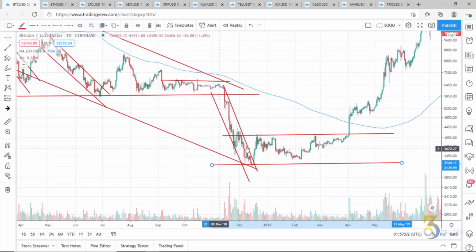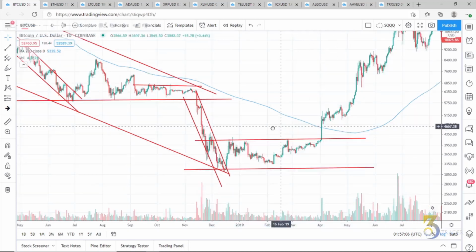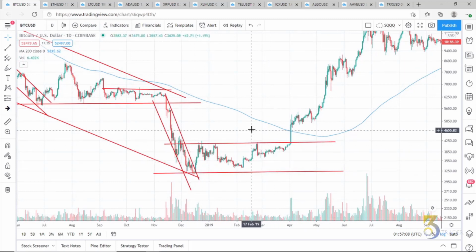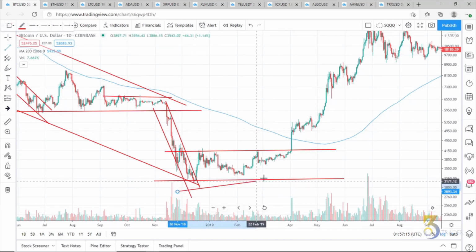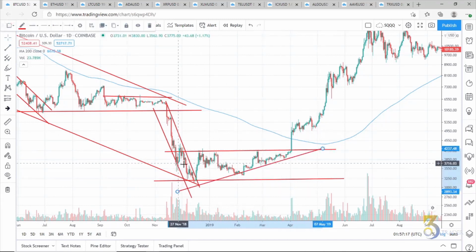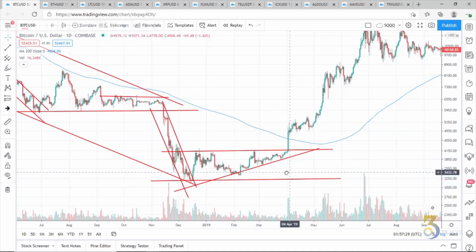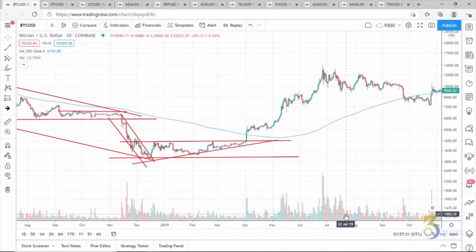Even though this is consolidating, this is sideways trending, what was the clue here that this was in fact the bottom of the bear market? Well, very simply, the fact that we began to see, even though this is going sideways, higher and higher lows. We're still in this sideways area, but we started having these higher and higher lows, which for me indicated that this was in fact the bottom area.